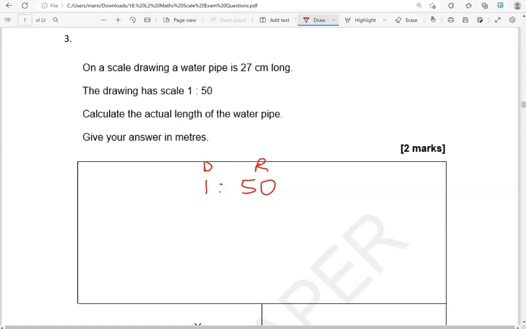Now it says on a scale drawing a water pipe is 27 centimeters long. So we're going to put this under the drawing. So we're going to work out what length that is in centimeters in reality. So how do we get from 1 to 27? By multiplying 1 by 27. So we'll do the same here.